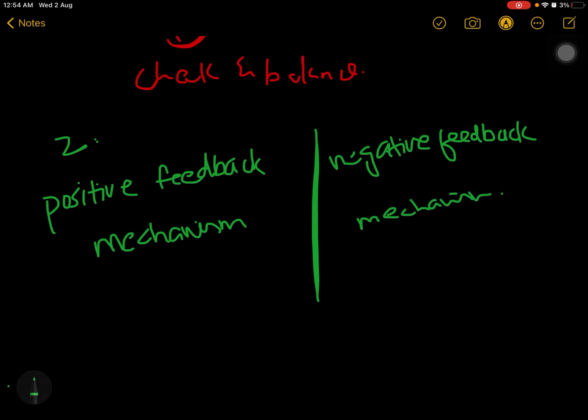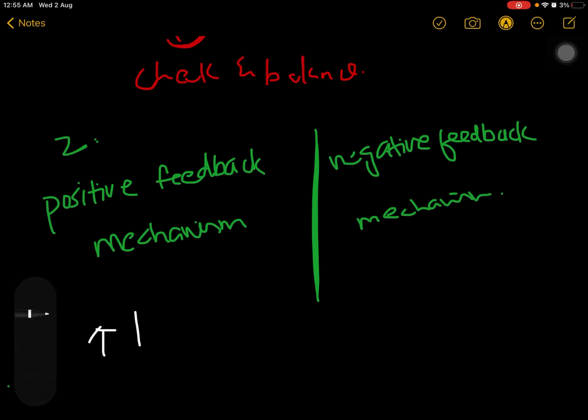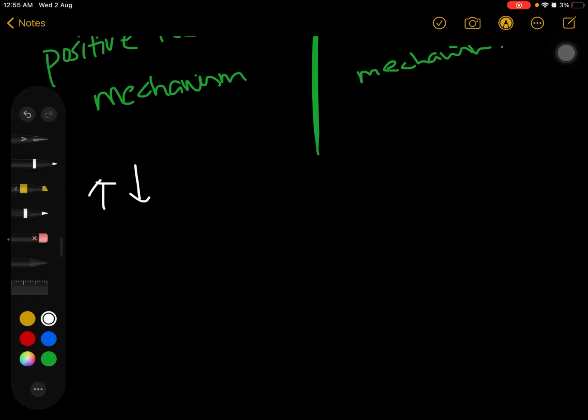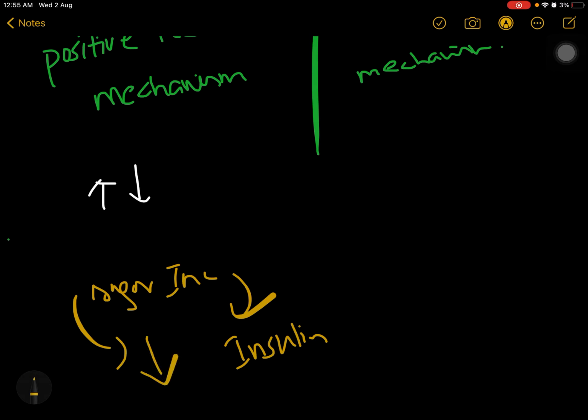Now the positive feedback mechanism is like, if something is increasing, then the other thing will decrease. For example, if the blood sugar level in your body is increasing, then insulin will be released from the pancreas, and it will try to decrease this sugar level. So this is positive feedback mechanism, right?